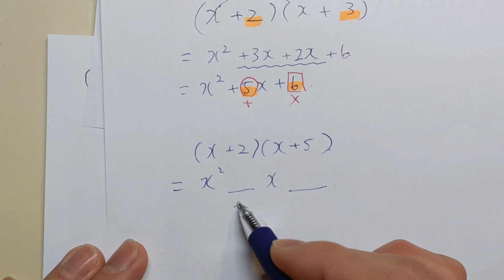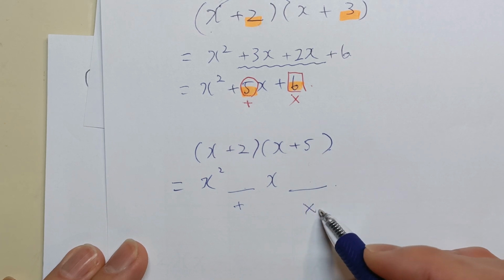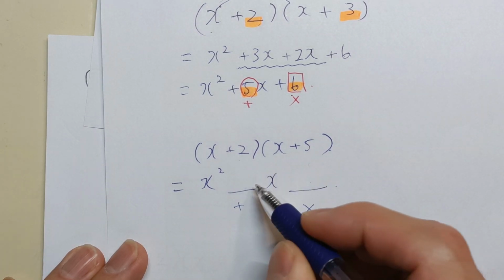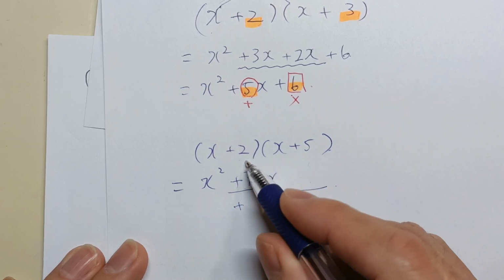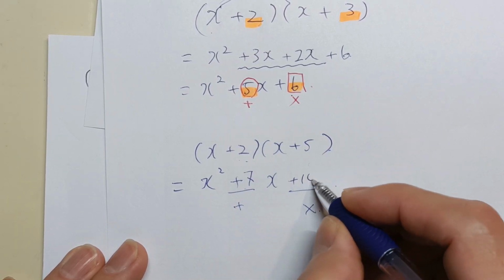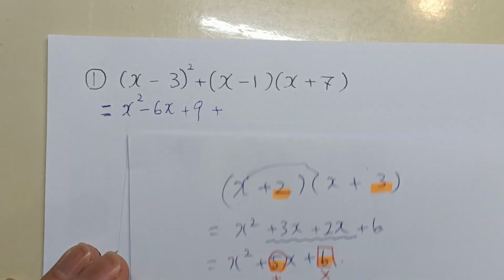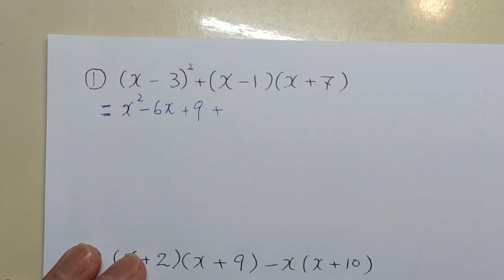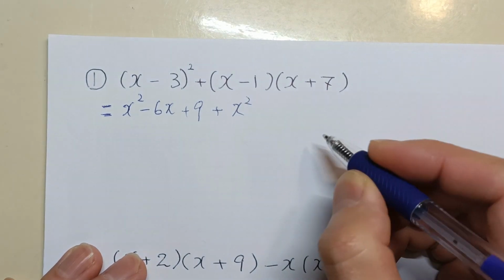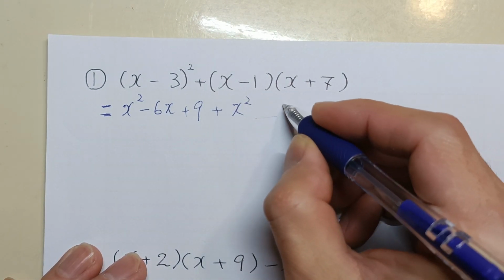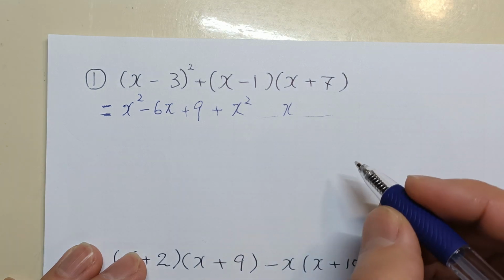This number is addition. This number is timesing, right? So 2 plus 5 is 7. So 7x here, right? And then 2 times 5 is 10, plus 10, like that. Okay?